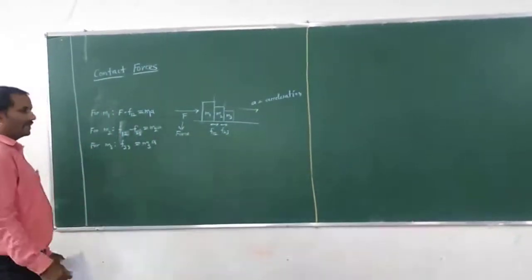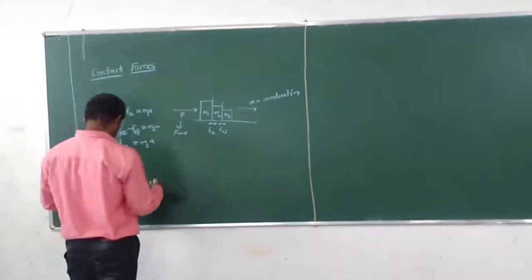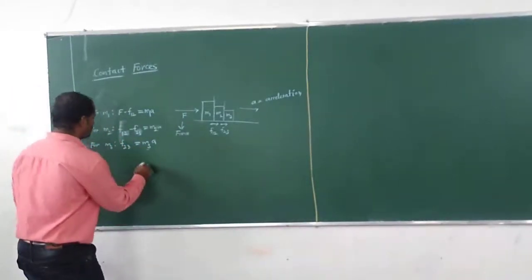त्याच्यानंतर ऍक्सेलरेशन आपल्याला फाइंड करायचं आहे. तर ऍक्सेलरेशन कसं फाइंड करता येईल? या सगळ्यांची बेरीज करा. काय बेरीज आहे?